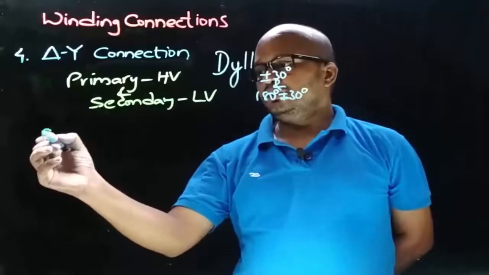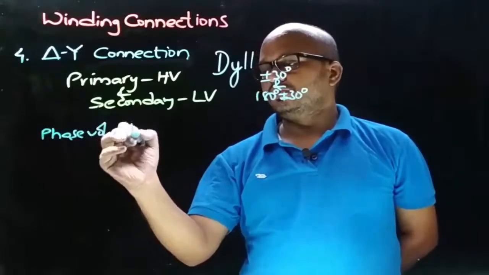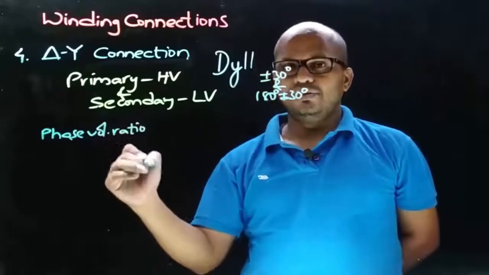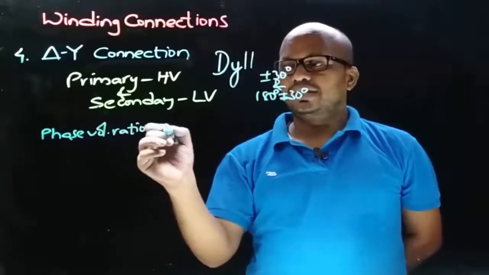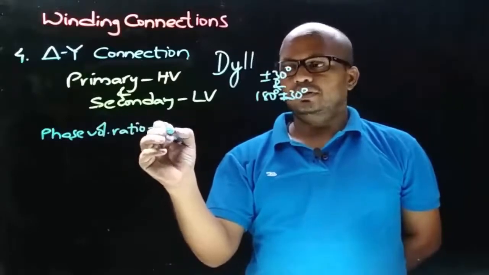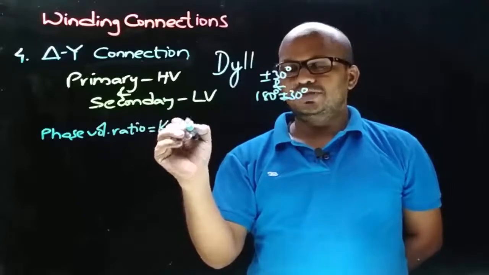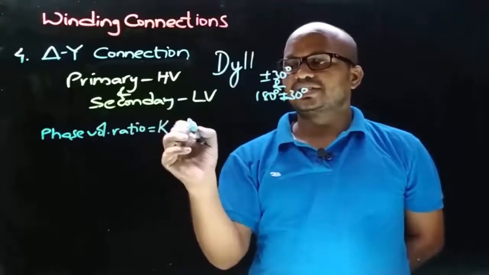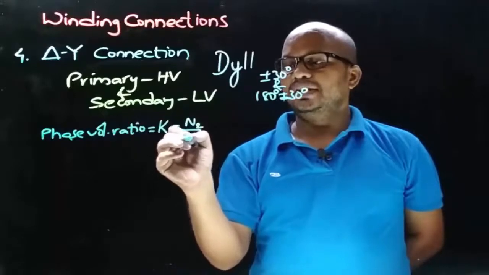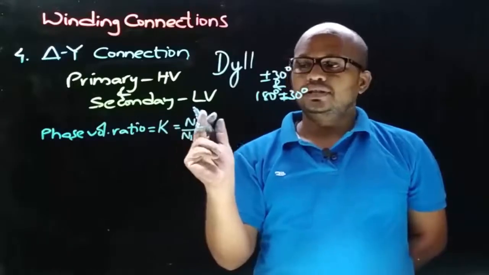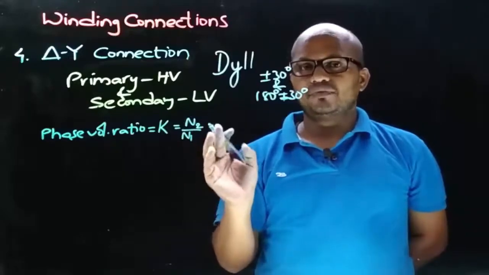Now let's know the phase voltage ratio and line voltage ratio. We know that the phase voltage ratio can be taken as equal to the transformation ratio constant K, which is the same as that of a single phase transformer, equal to N2 by N1, where N2 is the secondary side number of turns and N1 is the primary side number of turns.